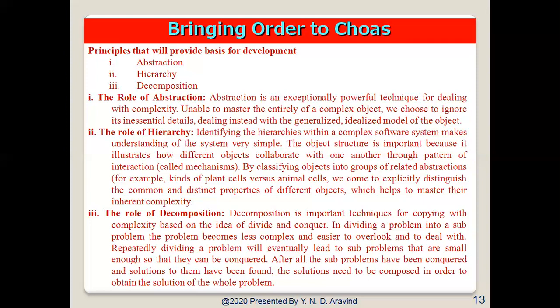By classifying objects into groups of related abstractions, for example, kinds of plant cells versus animal cells, we come to explicitly distinguish the common and distinct properties of different objects, which helps us to master their inherent complexity.